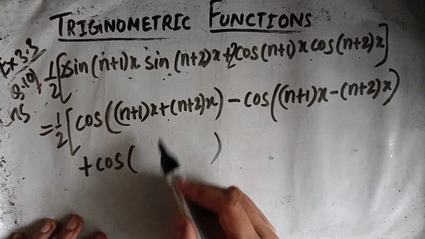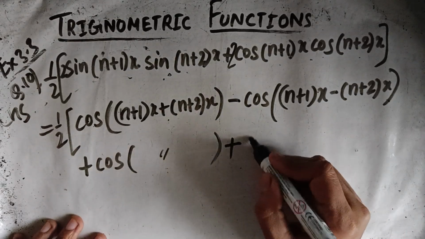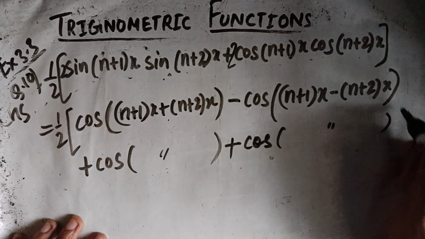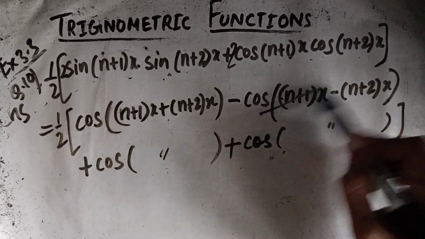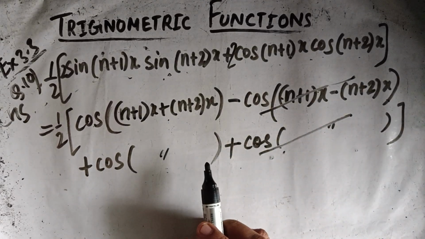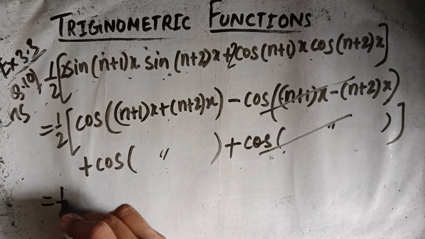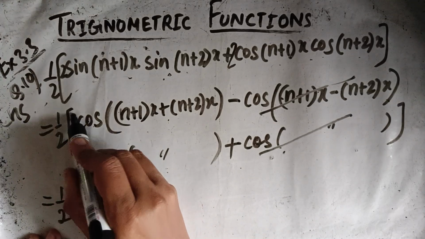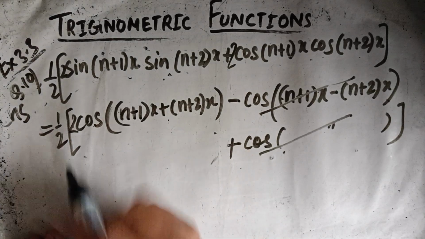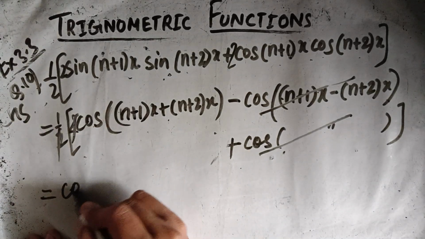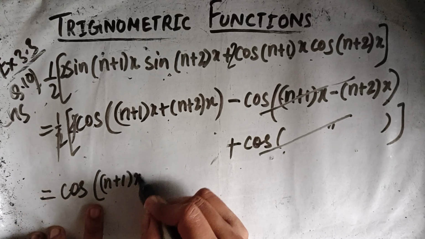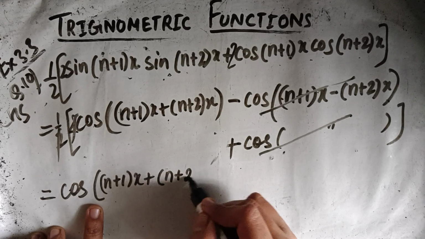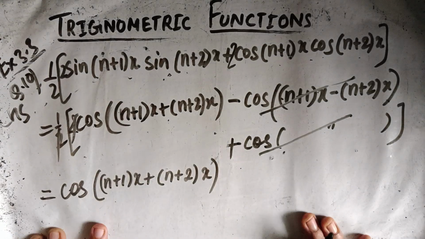Same thing will come like this only, and here plus will come. So these two terms will go, right? They are same. This 2 remains, so 2 times. 2 gets cancelled, so the thing which remains is cos((n plus 1)x plus (n plus 2)x). Okay.